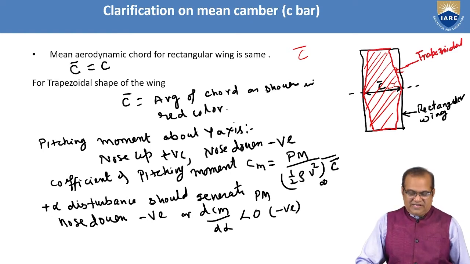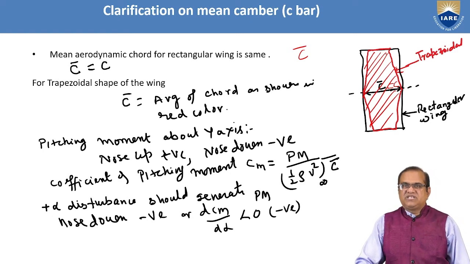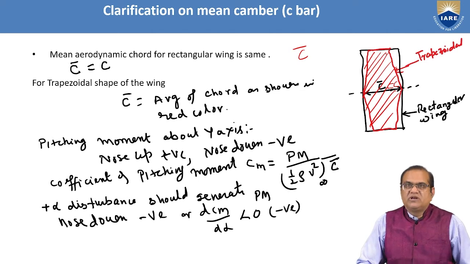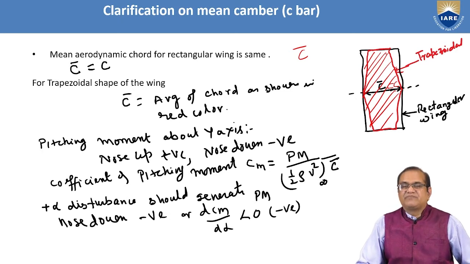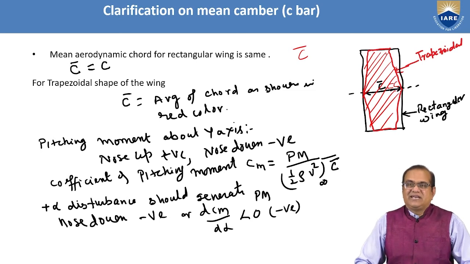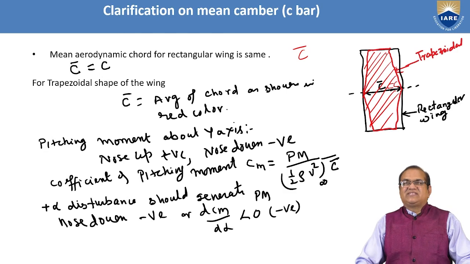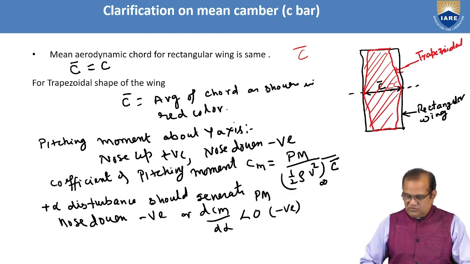Plus, an alpha disturbance should generate a pitching moment that is nose down, negative, or dCm by d alpha should be less than 0. So to have longitudinal static stability, the ratio dCm by d alpha should be less than 0. In this way, it should work.